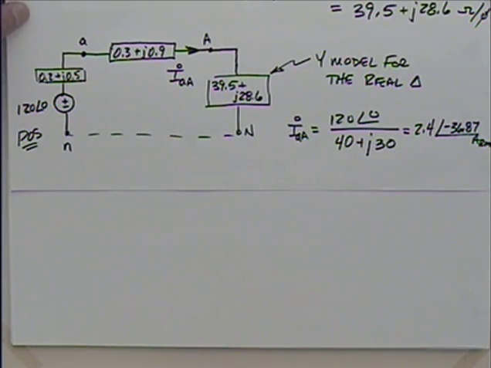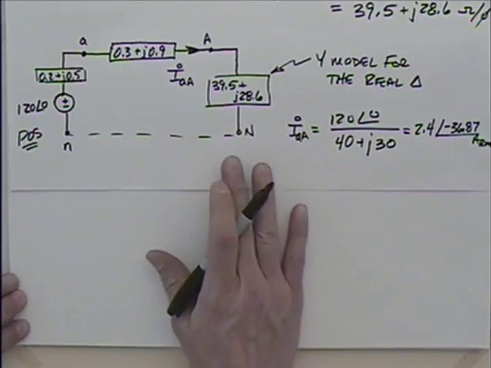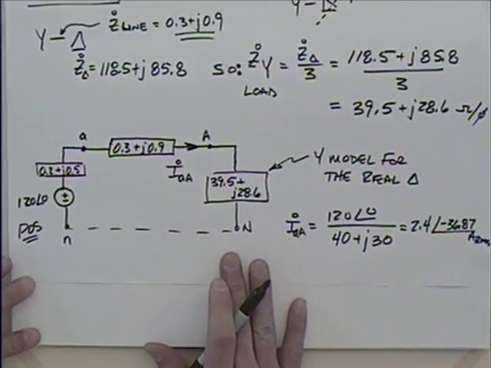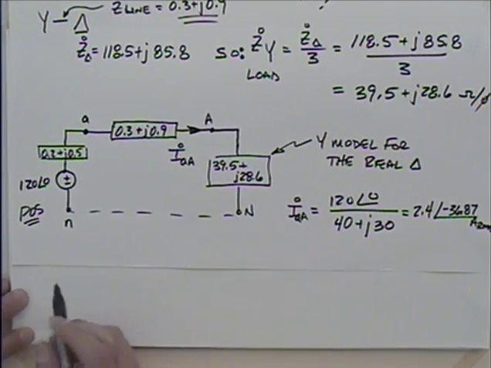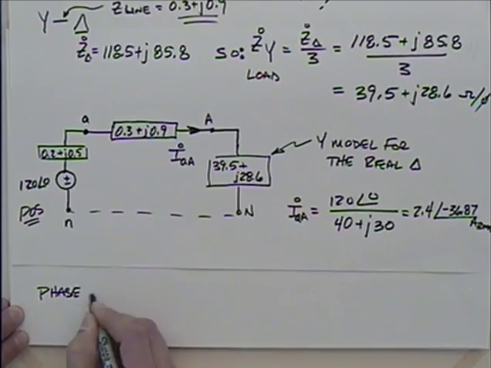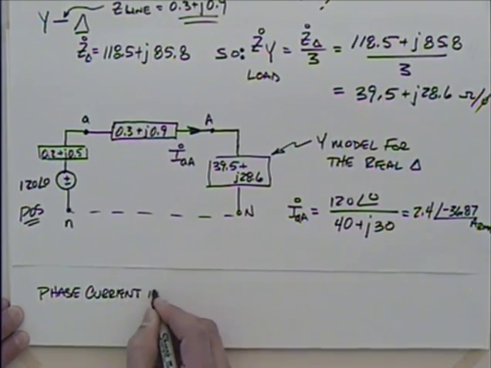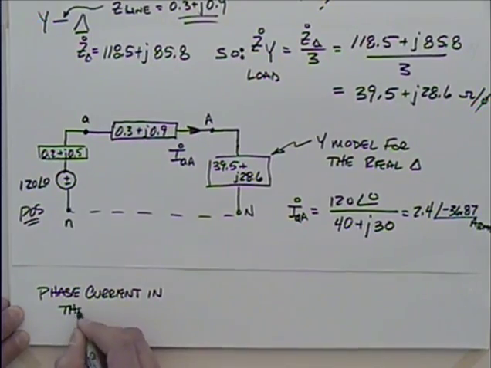Now, we'll start asking some kind of difficult questions here. Maybe I'll work my way backwards up this page here so that we can see the circuit. Let me ask the question, what is the phase voltage, or the phase current in the load?